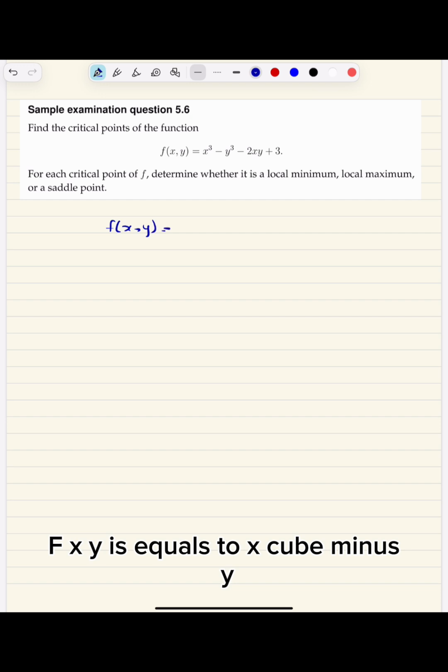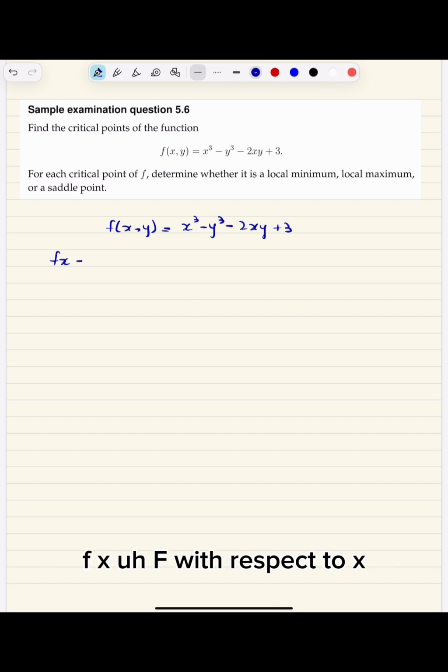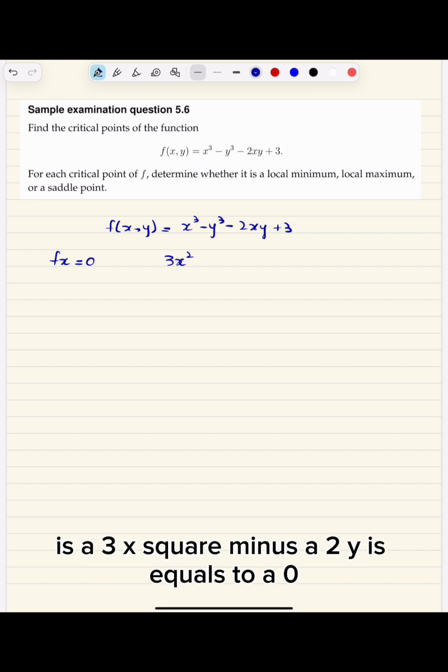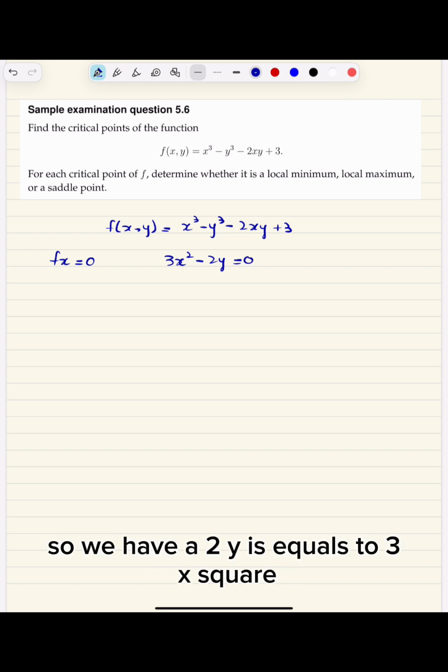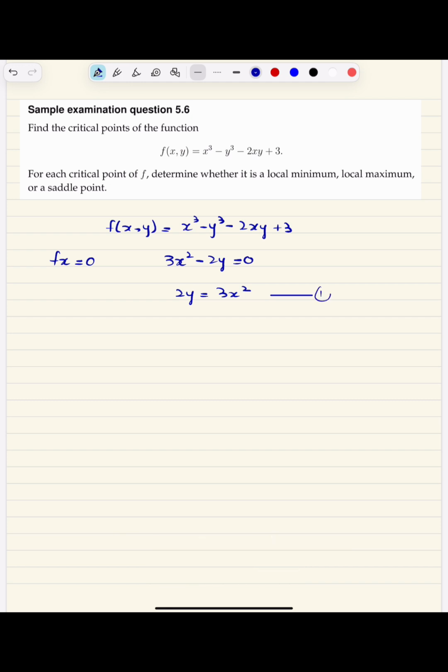f(x,y) equals x cube minus y cube minus 2xy plus 3. Taking f with respect to x and putting it equal to 0, we get 3x square minus 2y equals 0. So we have 2y equals 3x square. This is going to be our equation 1.